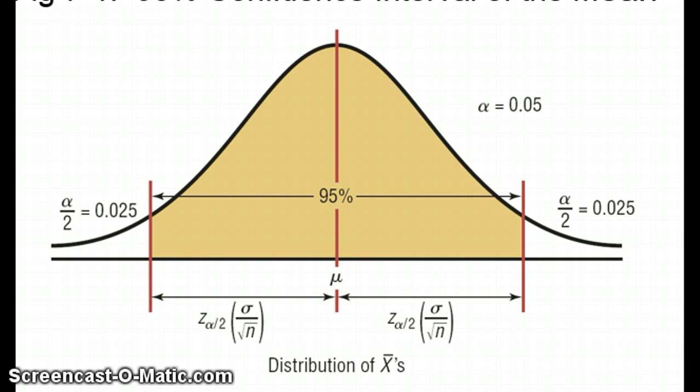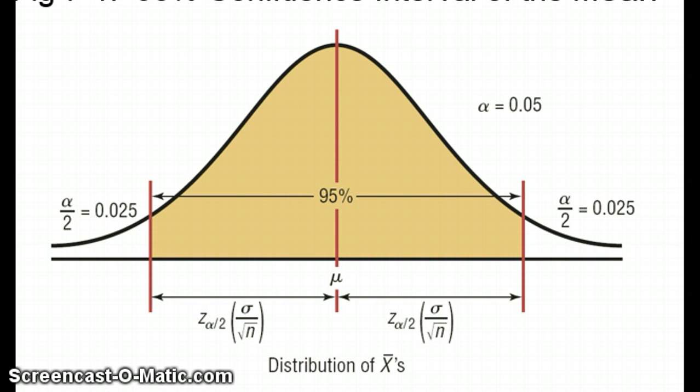Or we can choose stats as our submenu, and we can enter the sample statistics, the x-bar, our sample mean, and our S. So some problems that you're going to find in MML are going to give you a list of data, and the others are going to give you a list of the sample statistics. So that's your introduction. That's what's going to happen in the beginning of Chapter 9.